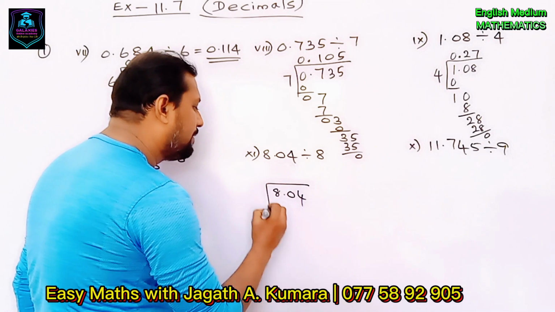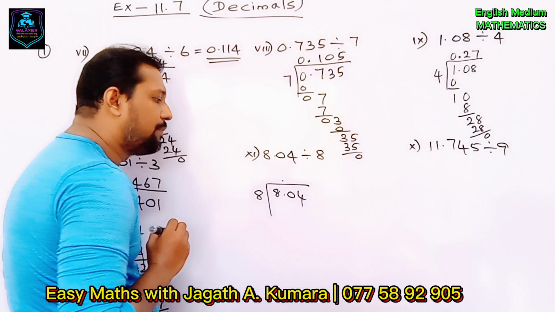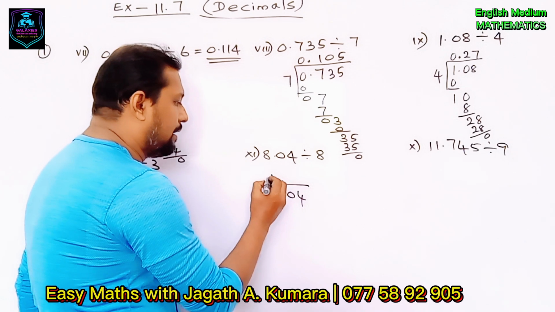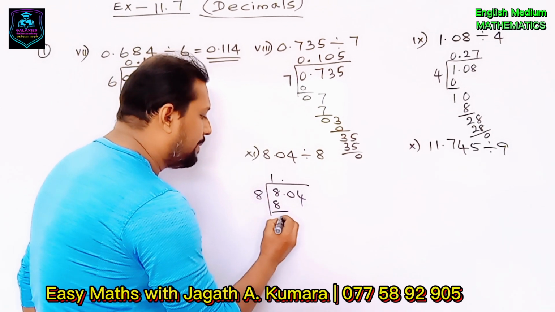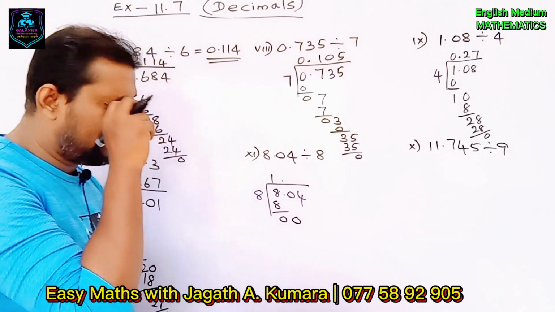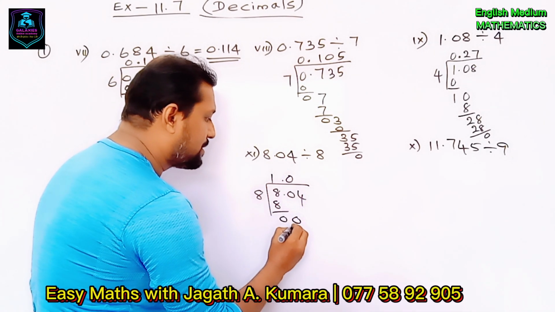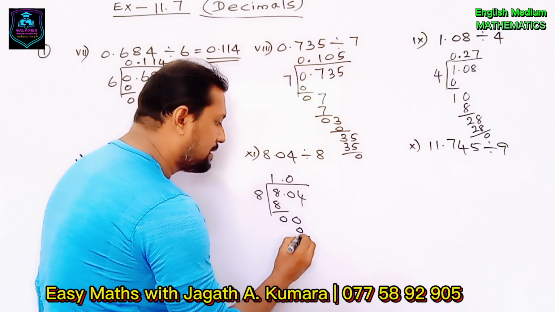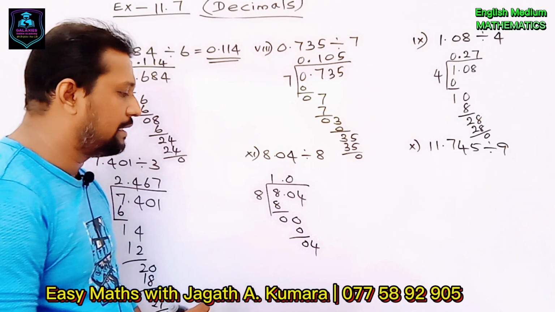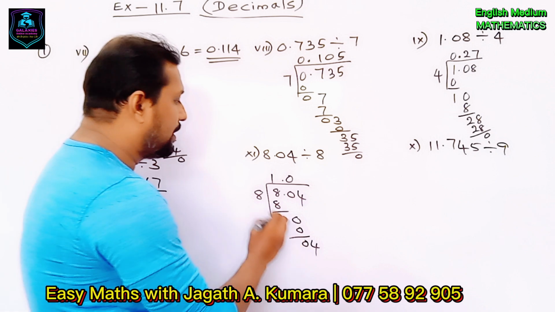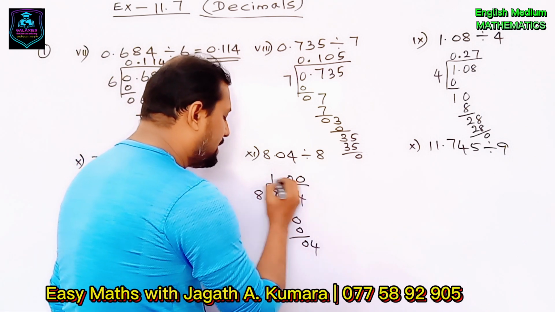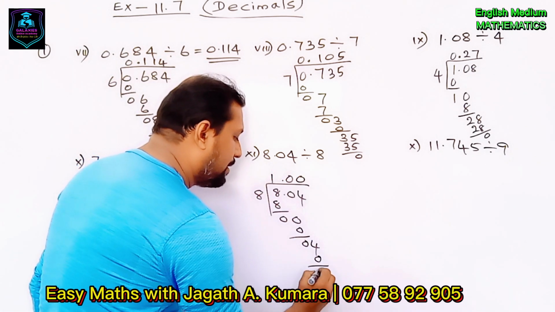8.04. We have to divide by 8. Keep the decimal point. 8 divide 8, 1, 1 times 8, 8, remaining 0. Then this 0 you can take here. 0 divide 8, 0, 0 times 8, 0, remaining 0. Then this 4 you can take here. 4 divide 8, 0, 0 times 8, 0, remaining 4.